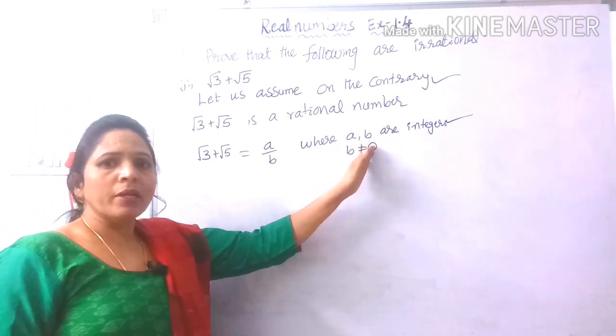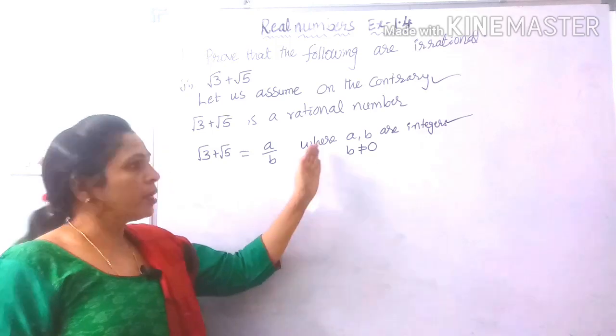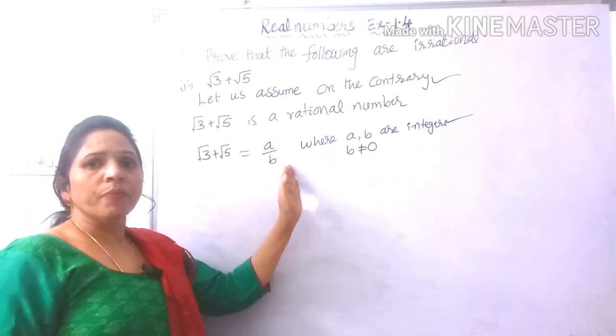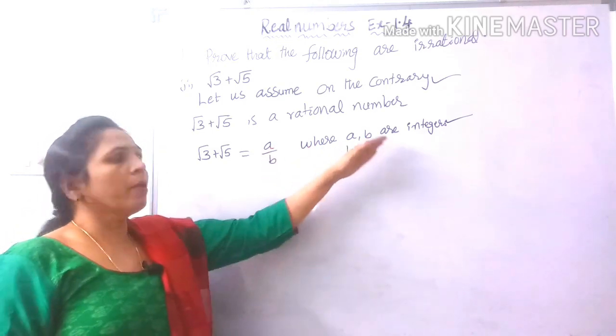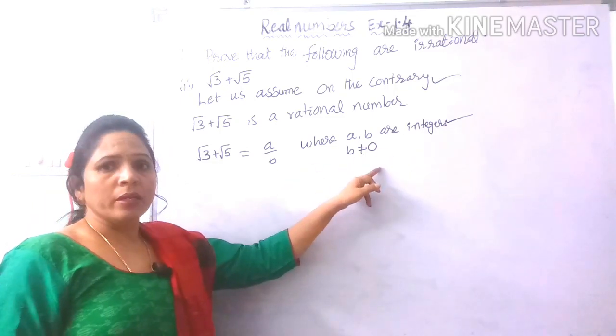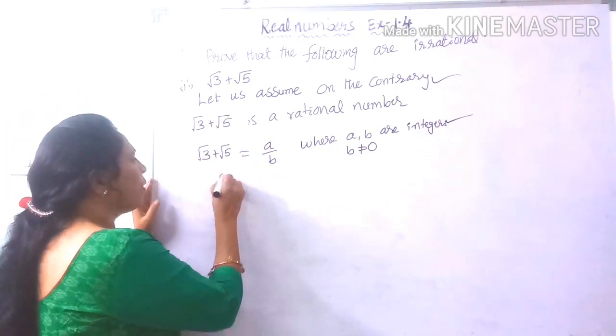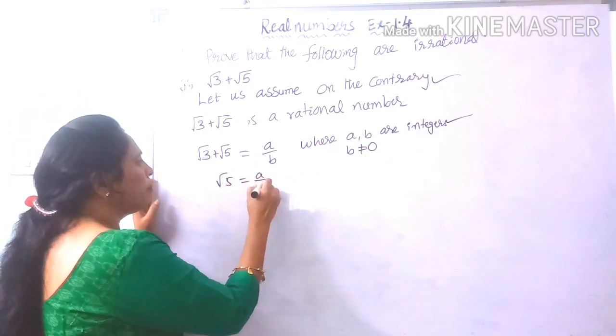You have known what are rational numbers. Rational numbers are of the form p by q. Here we have taken a by b, where a comma b are integers. So the denominator b is not equals to 0. Here root 5 is equals to a by b.